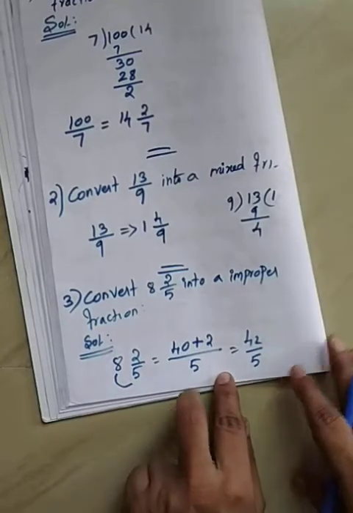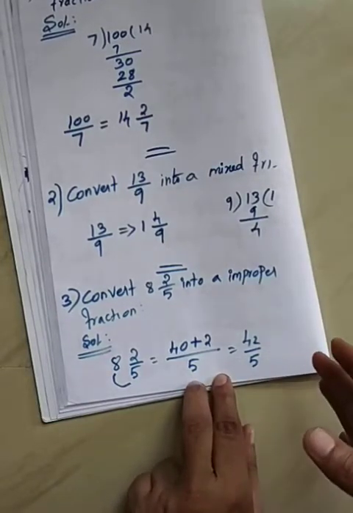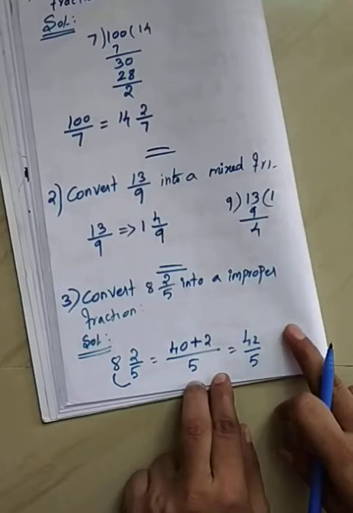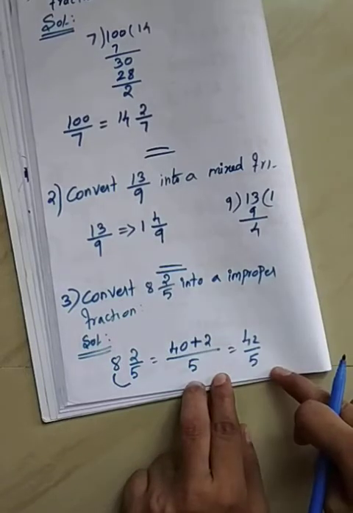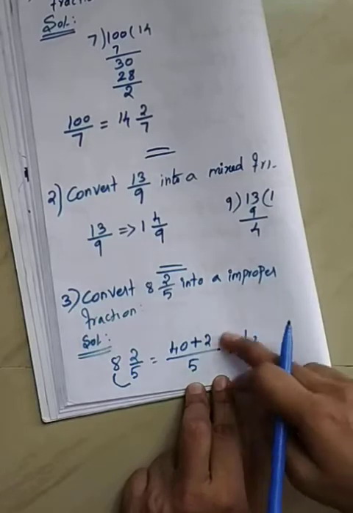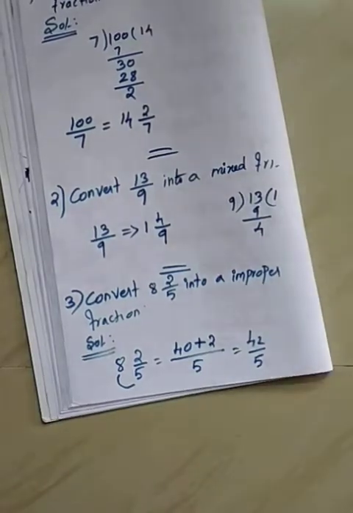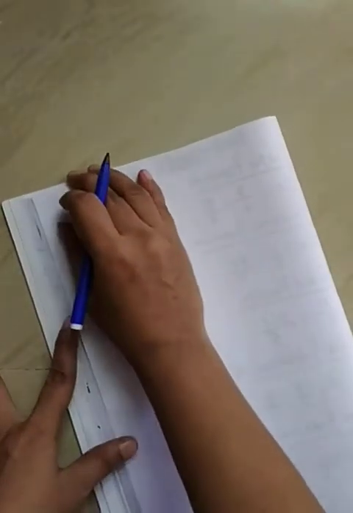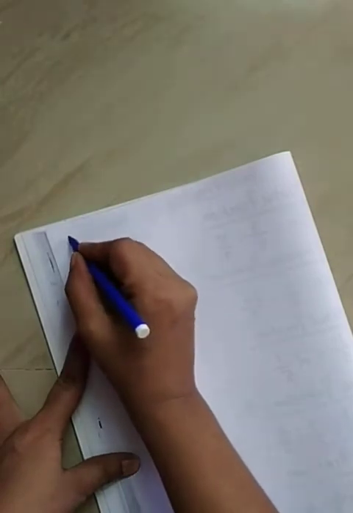Clear? This is the improper fraction. What is the improper fraction? The numerator is bigger than the denominator, right? So you will get the answer as an improper fraction. Next, we see, find the value of the following problems.